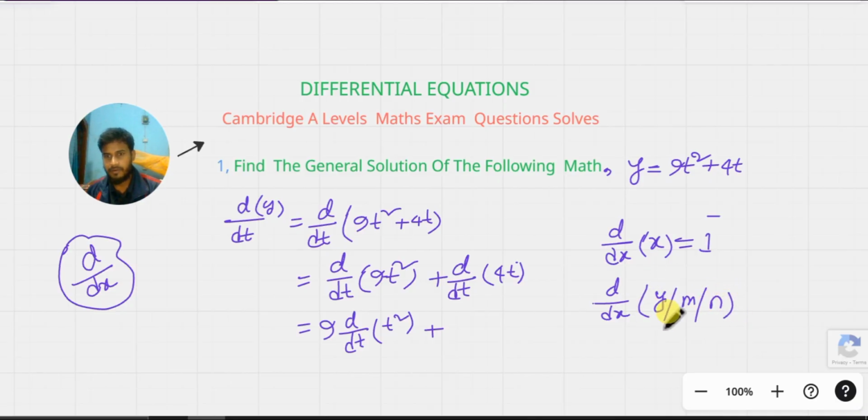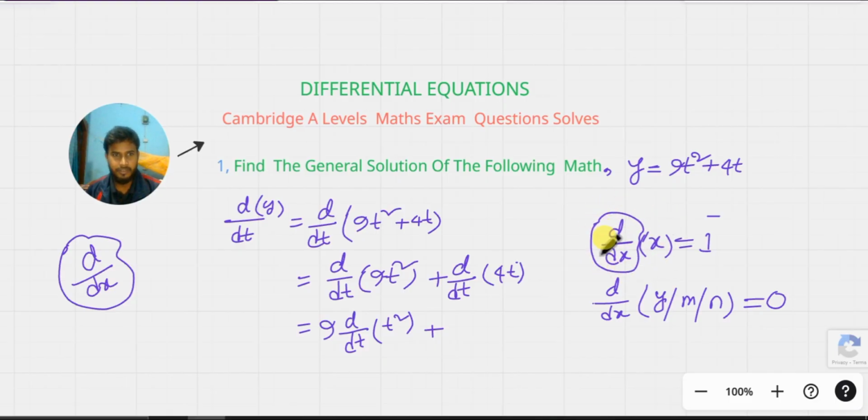Here we can see that the variable in the operator and in the function is different, so the result will be 0, because this operator only acts when the function's variable is the same.